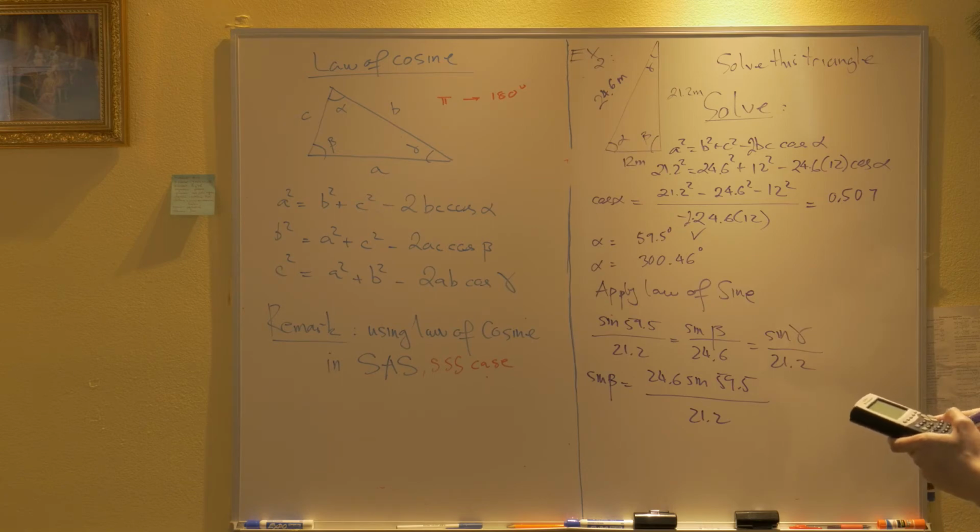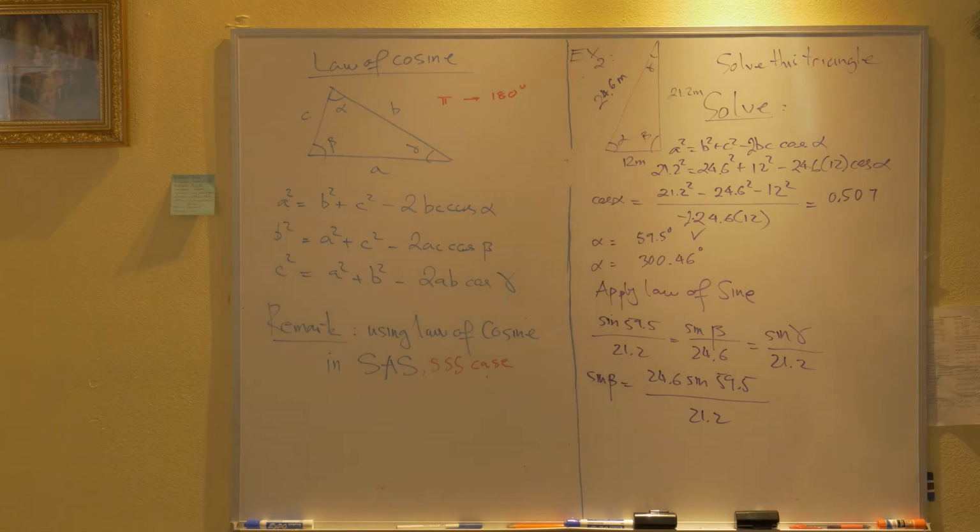Then you divide it by 21.2, so 0.999, and you take inverse of sine. Give you beta is 87.43.